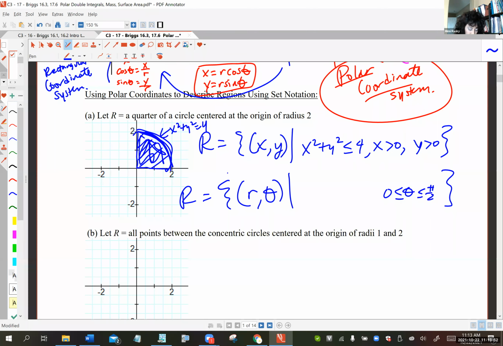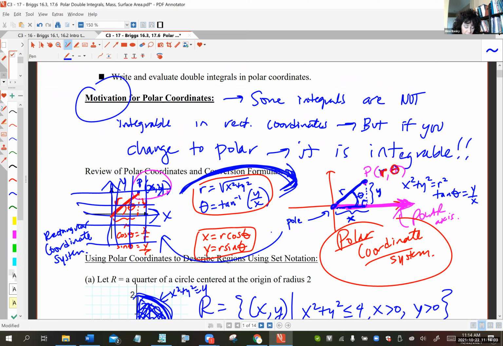So like if you look at graph paper for the world of rectangular, it's a collection of little rectangles. If you look at polar graph paper, which is pretty cool, it looks like a collection of concentric circles and rays. This is what polar graph paper looks like. Kind of like a spider web. Oh, this is perfect for Halloween. Great.